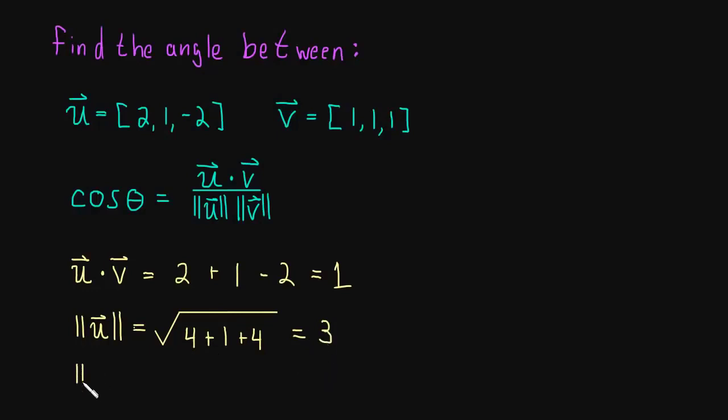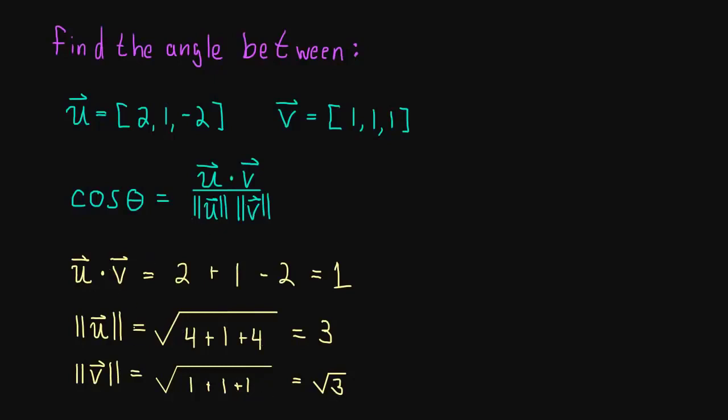And now let's do the length of v. So all we're doing is just doing the necessary computations based on this formula. And we derived this formula in the last video, so if you're curious about that, go back and watch that. So now we have 1 squared, well that's just 1, plus 1 squared, well that's 1, plus 1 squared, that's 1. So this is the square root of 3.